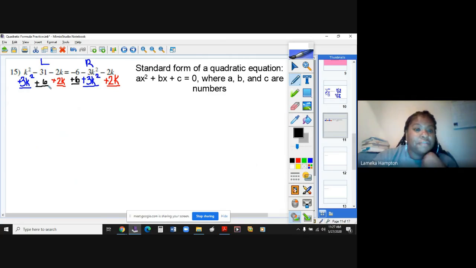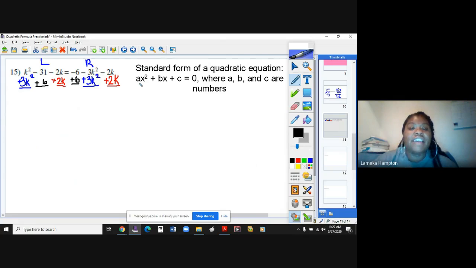Again, I'm going to explain this as thoroughly as I can for the people watching the playback. My original problem was k squared minus 3 minus 2k, which is equal to negative 6 minus 3k squared minus 2k. First of all, this is written in the wrong format because it's not following ax squared plus bx plus c equals 0.